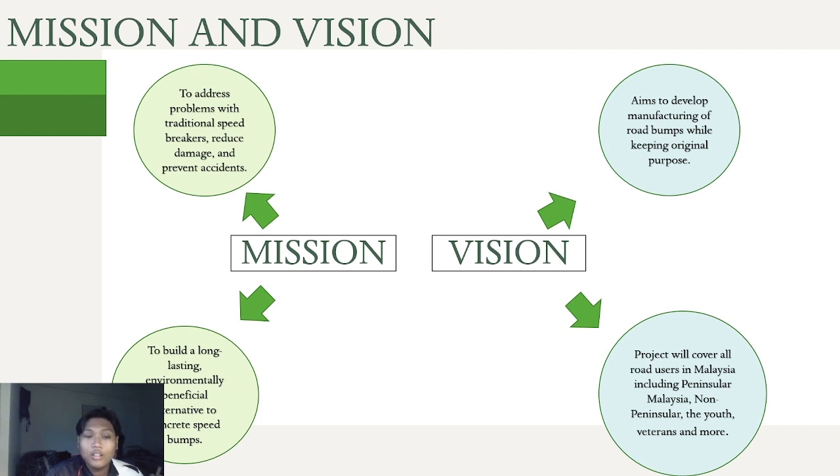Our long-term vision is that this project will cover all road users in Malaysia, including Peninsular Malaysia and more. Our mission and our vision must be towards environmental sustainability.